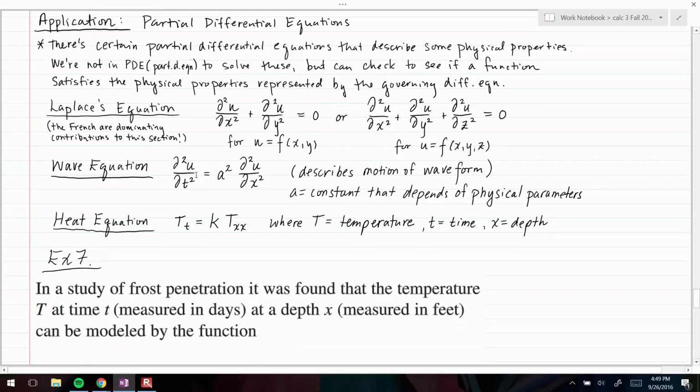So there's a list of equations here, partial differential equations, that occur a lot in physics, geophysics, because they fit with physical properties of some things like waves and heat.